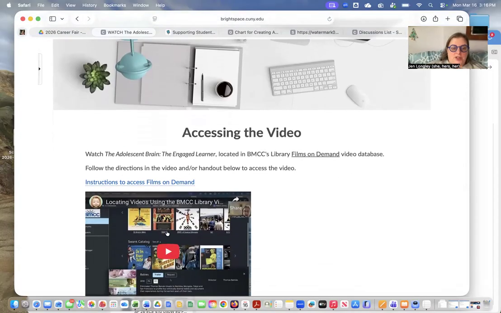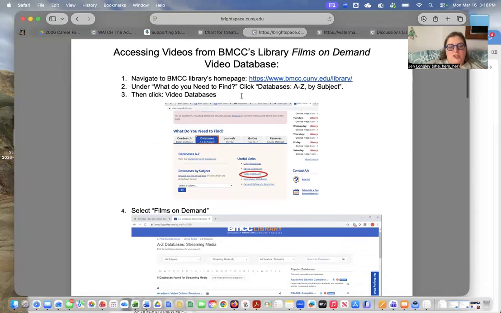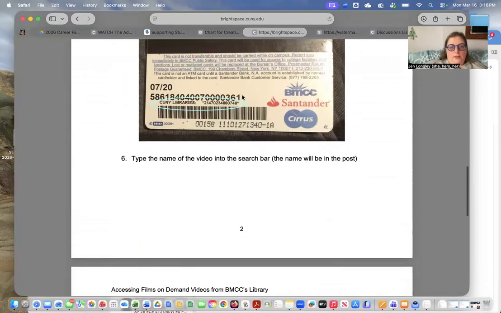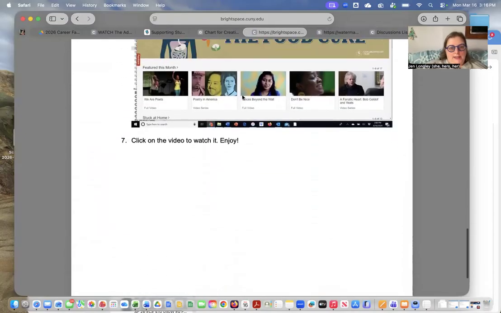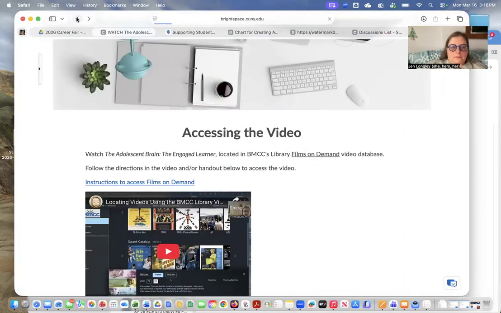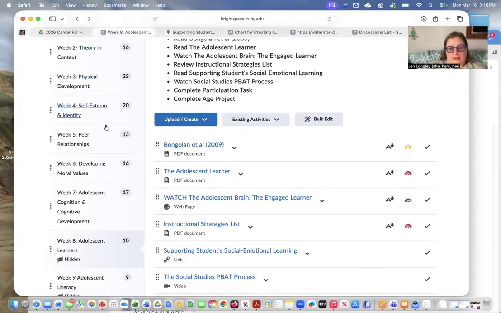If you watch this video here, or click on this link to a sheet with screenshots, it shows you how to access the video. You no longer need that ID, but it shows you basically how to access the video. So you should be able to see the video.